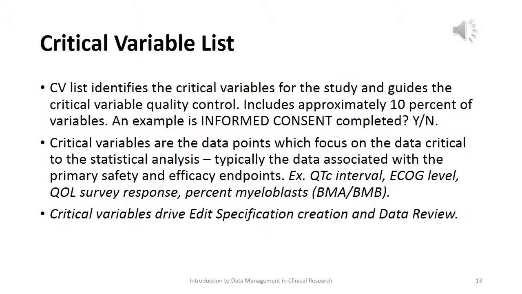We may have a quality of life survey response. These would be examples of some typical safety or efficacy endpoints in our trial. And then finally, the critical variables drive the edit specification creation and the data review. So we're going to associate a lot of our time with those critical variables.